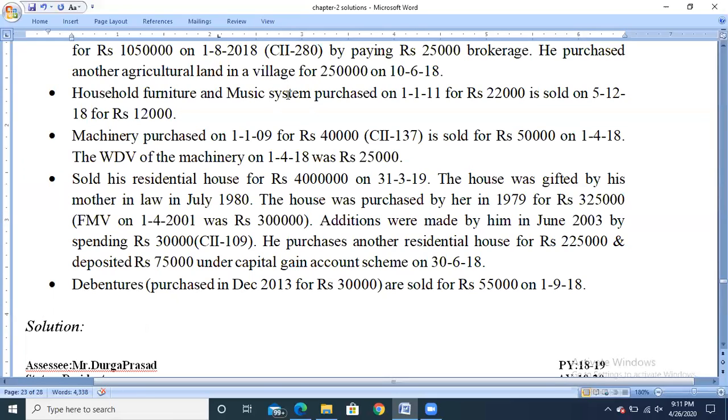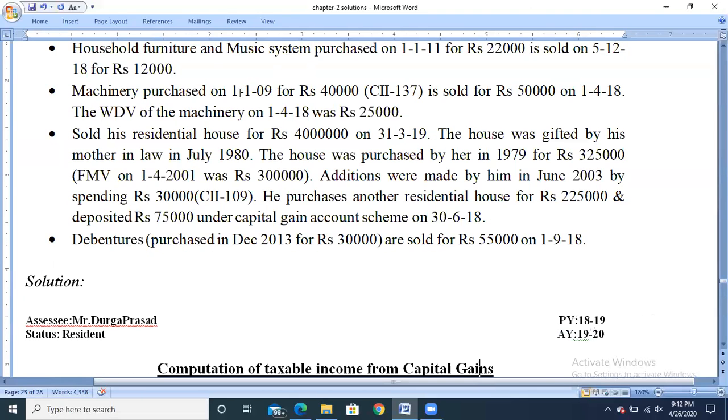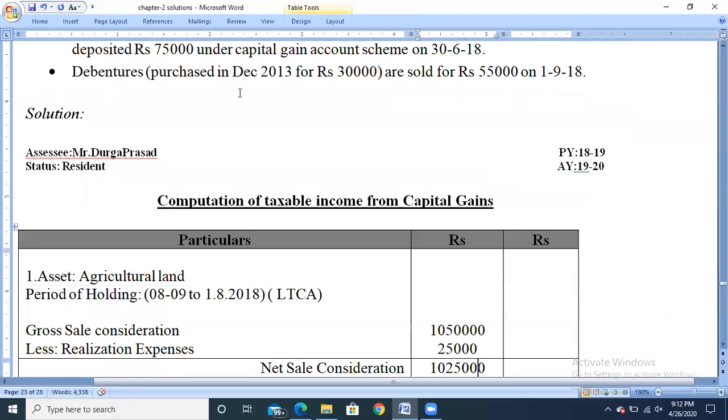These are movable assets which have been used by the assessee for his personal use. Household furniture has been used for his personal purpose. So such an asset will not be a capital asset as per section 2(14). So we are not going to calculate any income from capital gain for that asset.